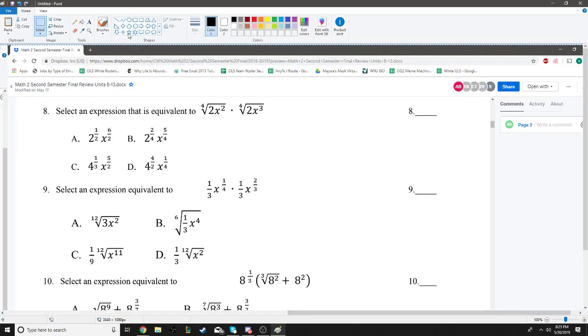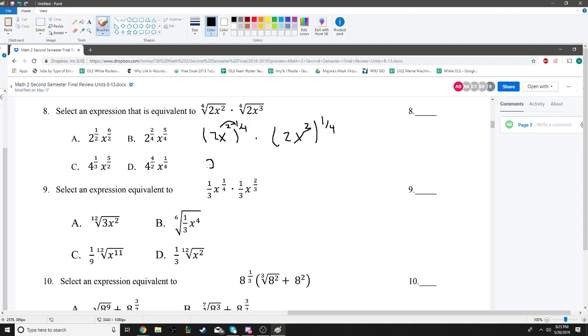Okay, so for number 8, again, let's put them in parentheses. So this is going to be 2x squared to the 1/4 power times 2x cubed raised to the 1/4 power. And we distribute these in.